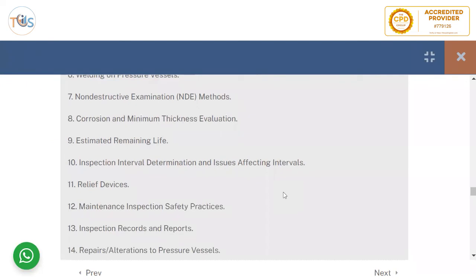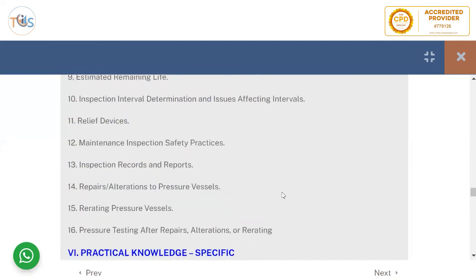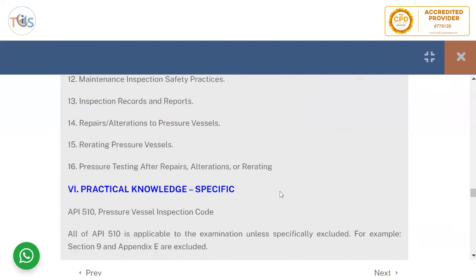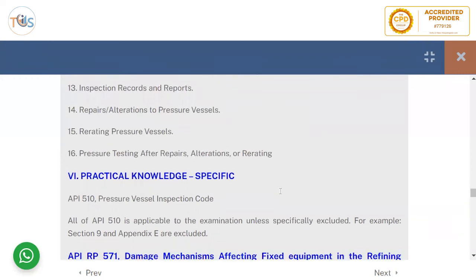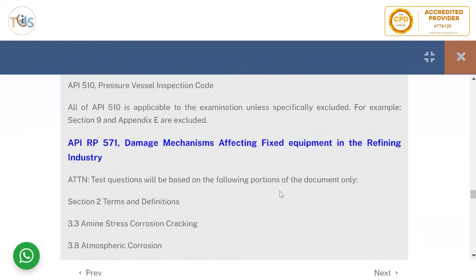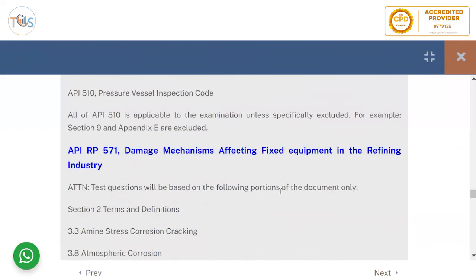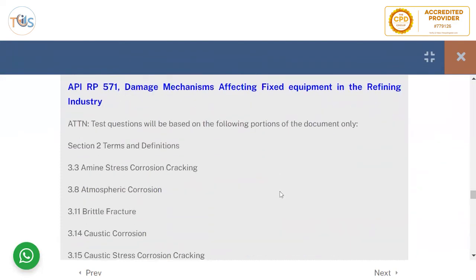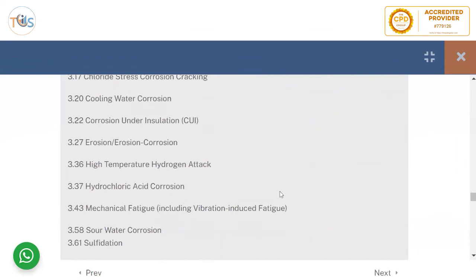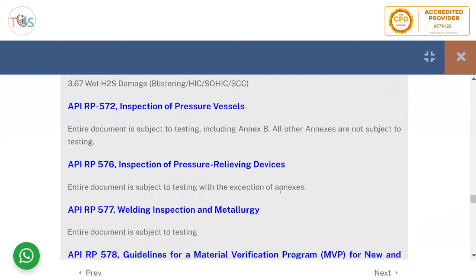These are all practical questions that come from codes, recommended practices, estimated remaining life, safety practices, reports, records, rating, and in the following modules we'll talk about them. And then a specific one about API 510, and then the damage mechanisms, and inspection of pressure vessels.